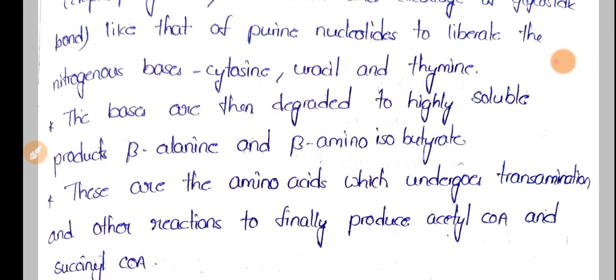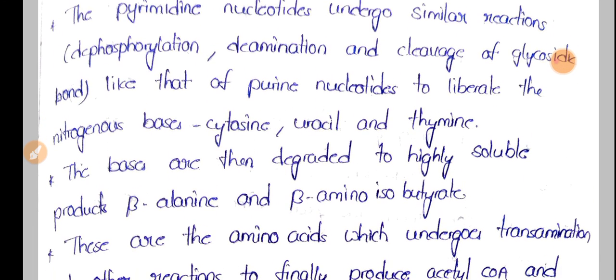So here reactions like deamination, dephosphorylation and cleavage of glycosidic bonds are commonly seen, and again these pyrimidines, that is cytosine, uracil and thymine, are converted into highly soluble products like beta-alanine and beta-amino isobutyrate.